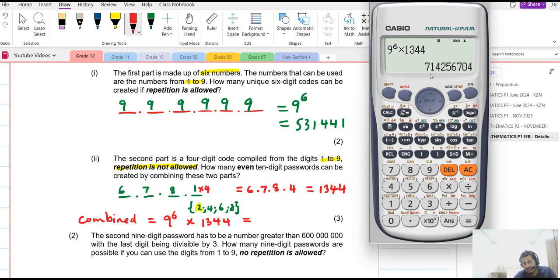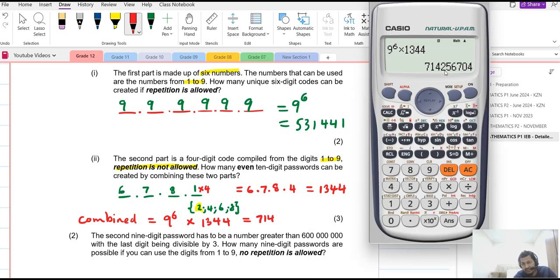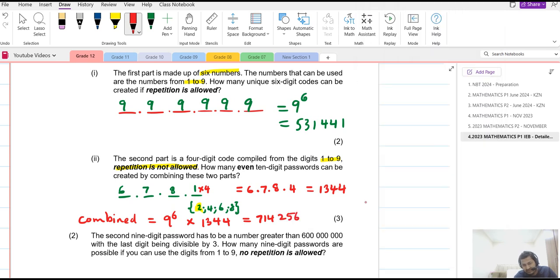So that's 714 million 256 704. That's the number of ways.